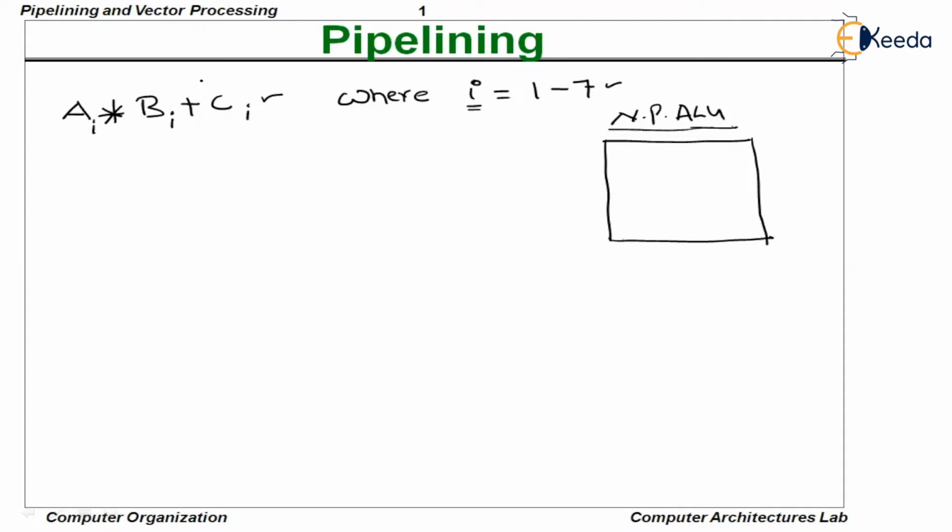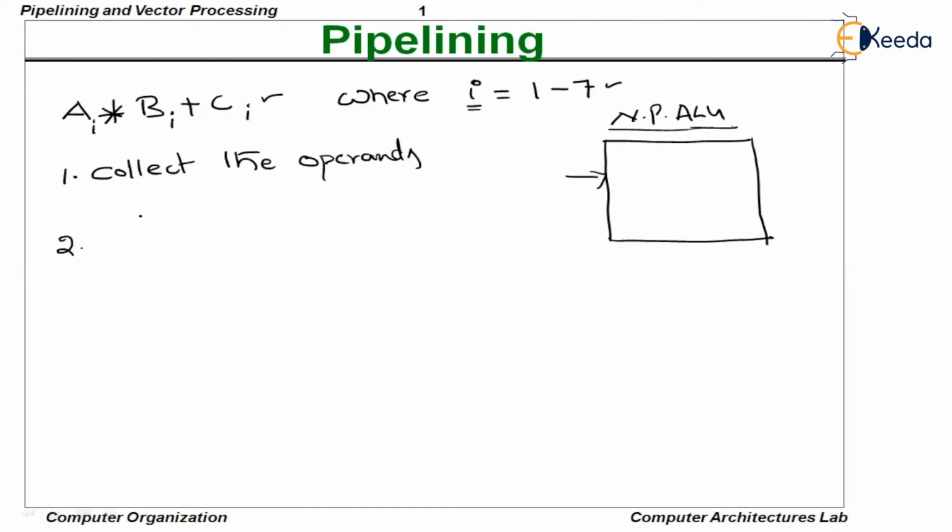Let us see. In order to understand it, first identify the operations that are needed to be performed by the ALU. In order to execute these 7 instructions, the ALU first needs to collect the operands. First, A, B, C must be collected by the ALU. This is the first step to execute the instruction.